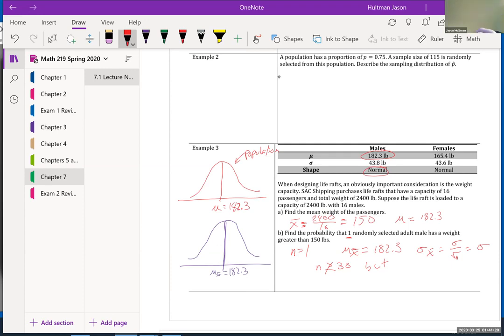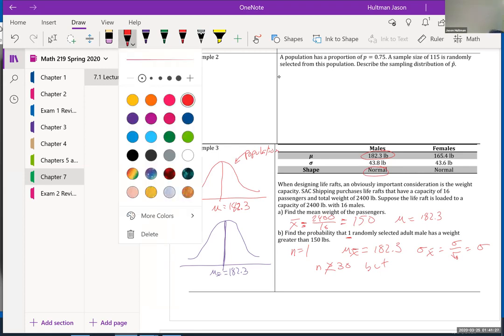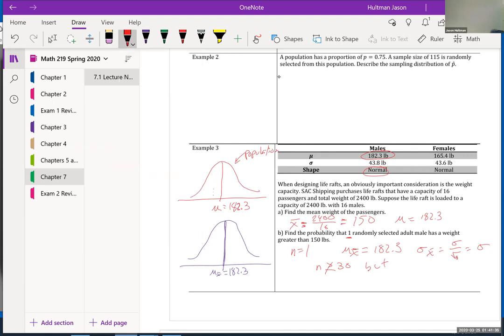Every value in the original distribution, that little point here, is a sample of size 1.